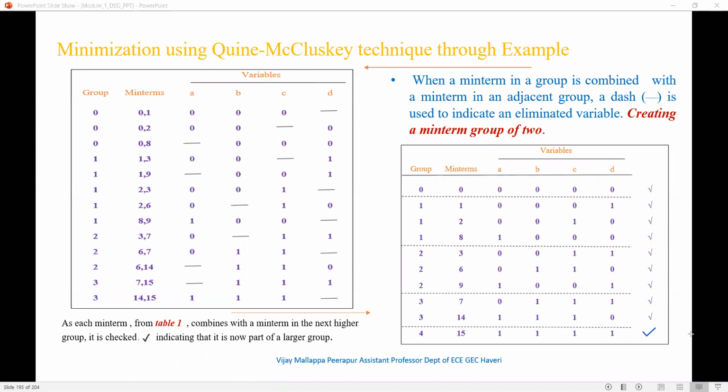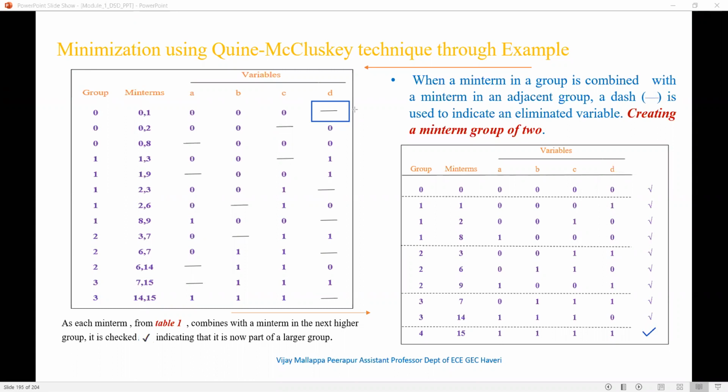Right, once you do that, what is the next step? We created a group of 2 mean terms. Now see, from the group of 2, is it possible to have a group of 4 mean terms? How do you do that here? What you need to do is check for the dash between group n and n plus 1.